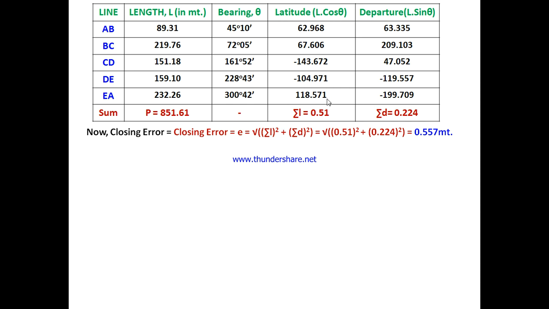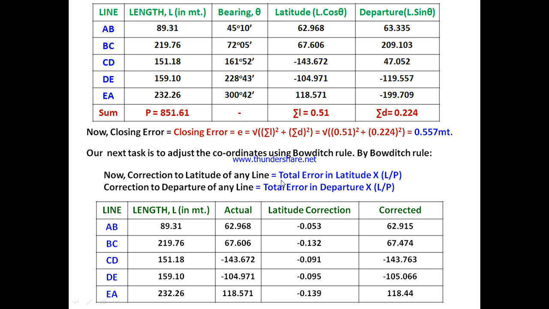So this will be considered as error in the latitude and this will be considered as error in the departure. Suppose if this value is coming as 0, then I can say no error in the latitude or departure is there. After calculating the closing error, our next task is to correct the latitude and the departure values separately for all the traverse lines.